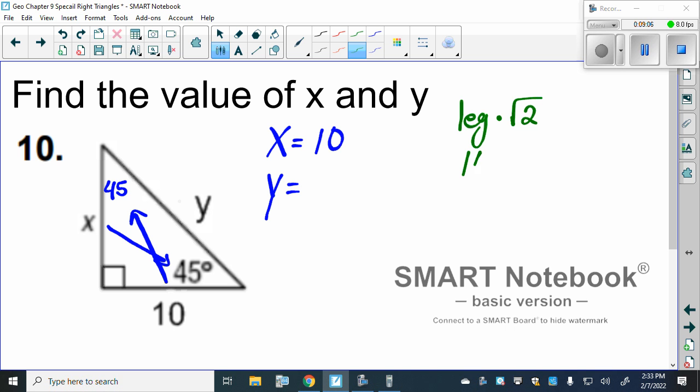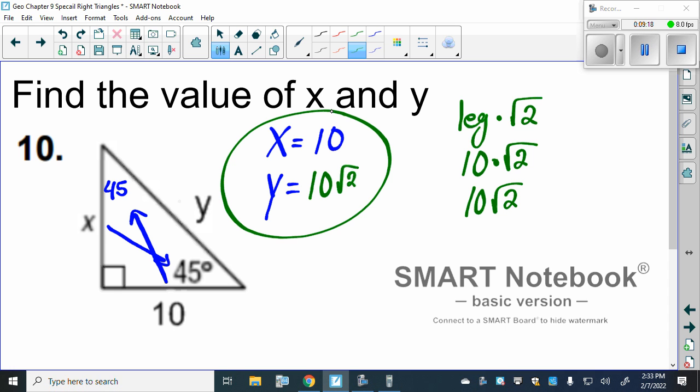Well, the legs are both 10, so we take 10 times square root of 2, which is 10 square root of 2, because we don't have another radical to multiply it with. So the hypotenuse for this here would be 10 square root of 2. And that's it. Any questions on any of this here?